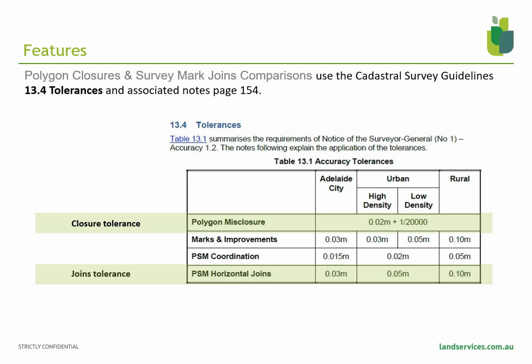Polygon closures and survey marks joints comparisons use the Cadastral Survey Guidelines 13.4 tolerances and associated notes on page 154.